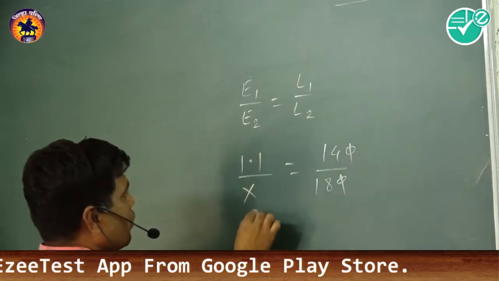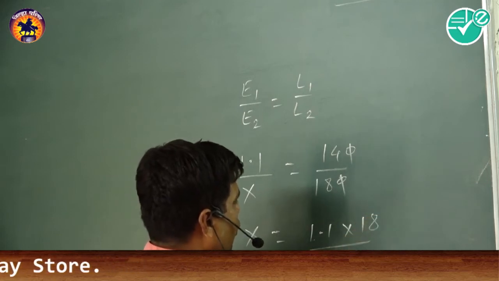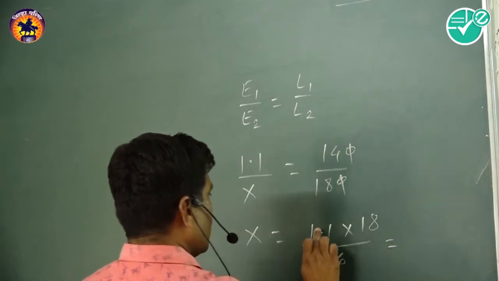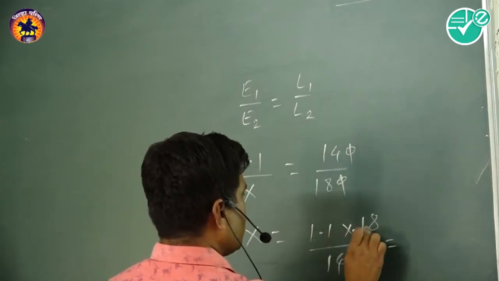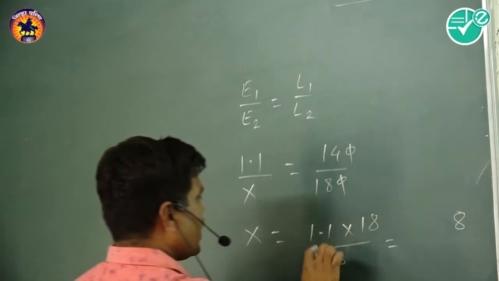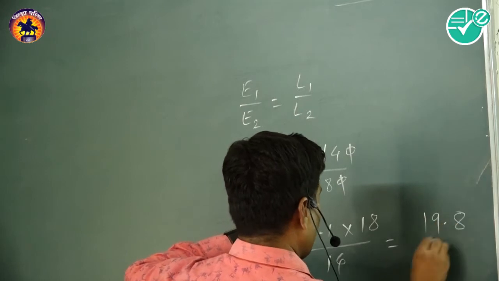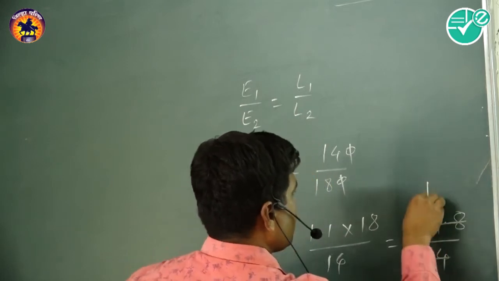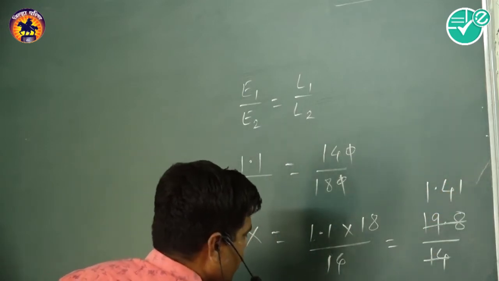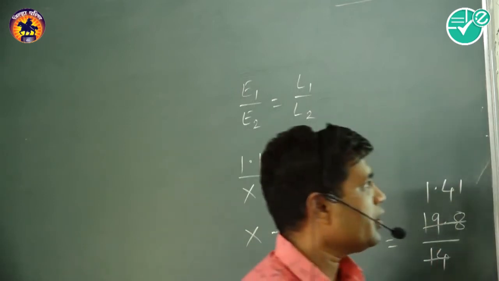So X is equal to 1.1 into 18 divided by 14. 1.1 into 18 gives 19.8, divided by 14. So the answer will be 1.41. So X is equal to 1.41 volt. So the answer for question number 53 will be D, that is 1.41 volt.